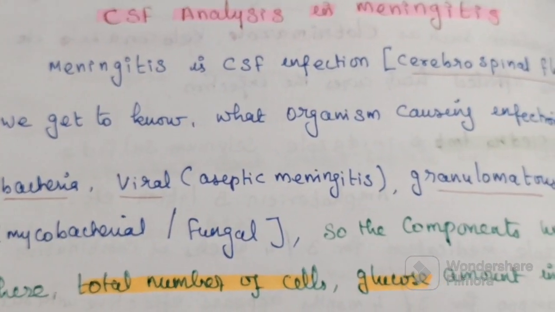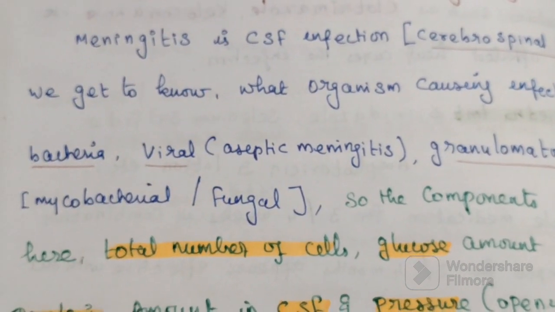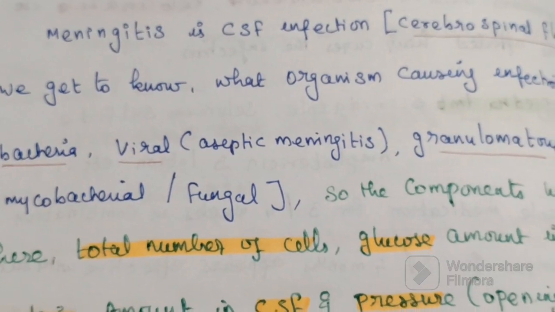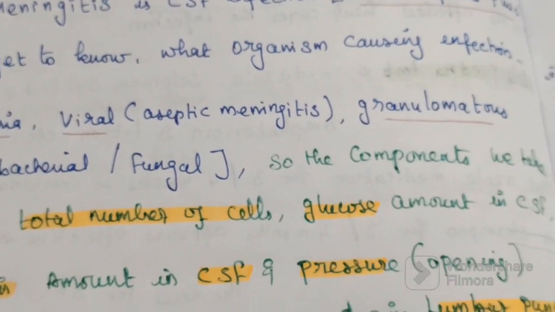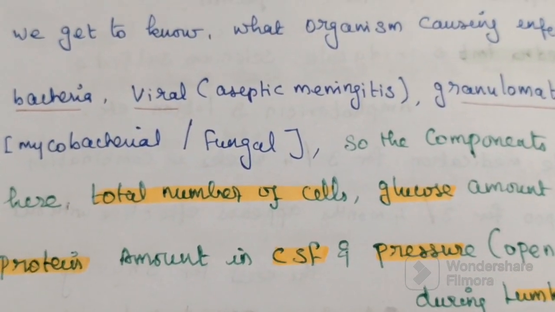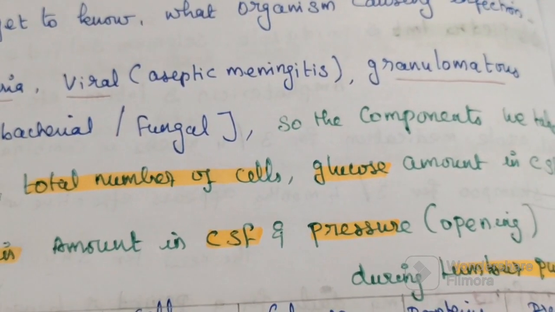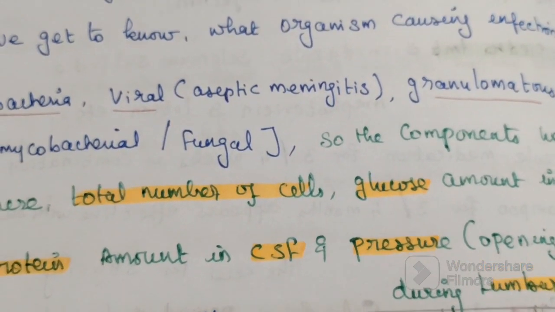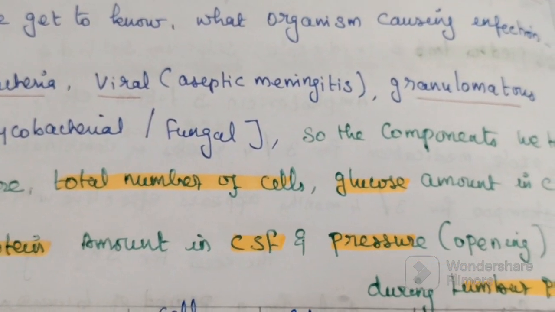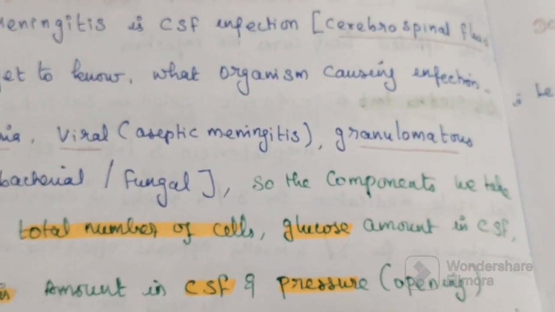So the components we take here are the total number of cells, the glucose amount in the CSF, the protein amount in the CSF, and the opening pressure while doing lumbar puncture.